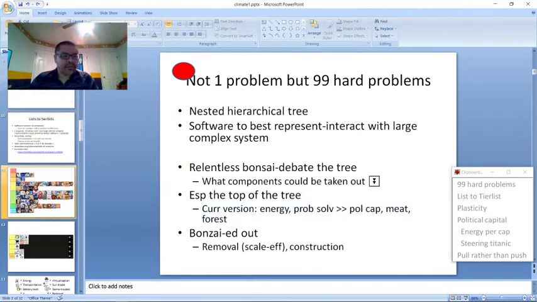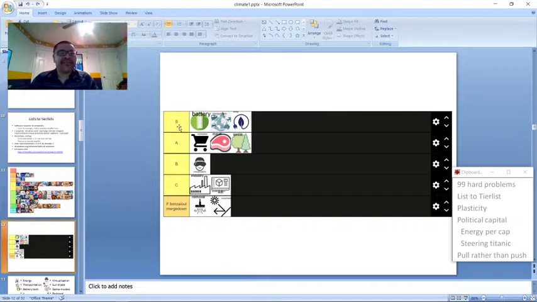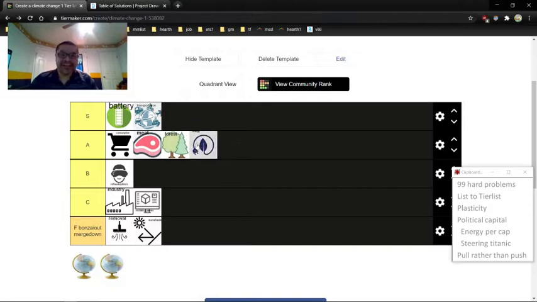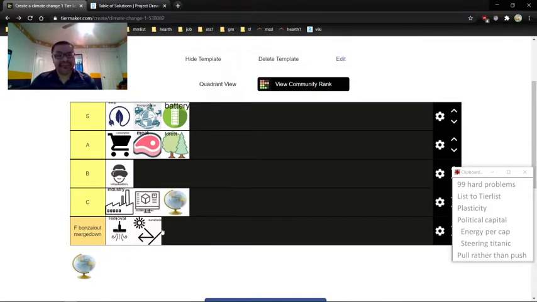There are many benefits to this tier list. This is the actual tier list online, and you can rearrange it, and you can add more icons.